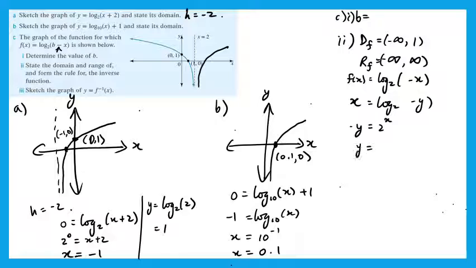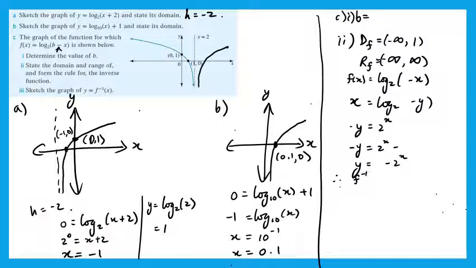Subtract the 1 over, and then take the negative. So then our rule would be the inverse going from the range, which is real, to real, and then f inverse of x is equal to 1 minus 2 to the power of x.